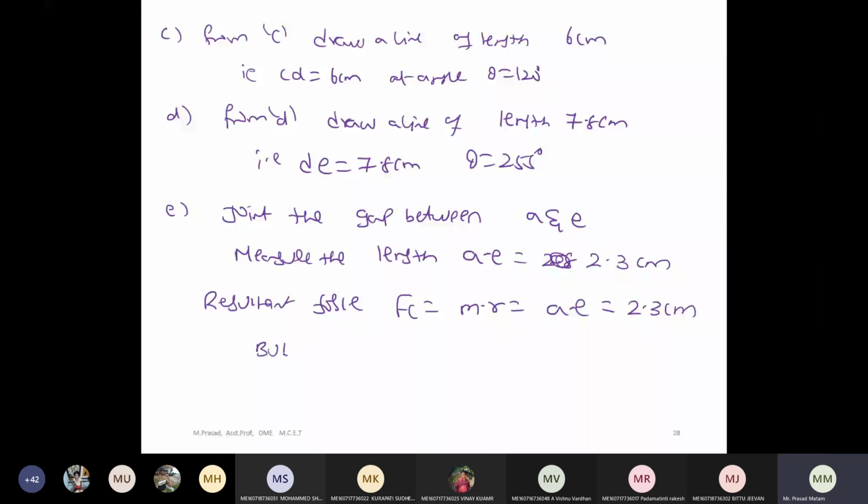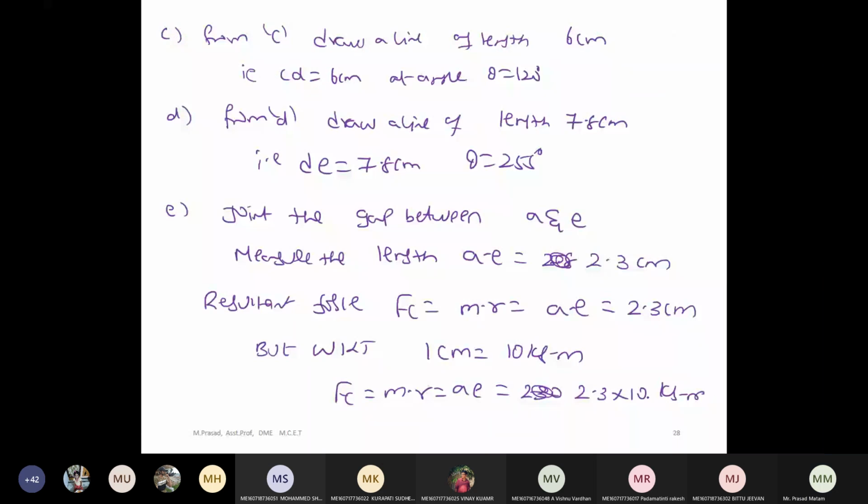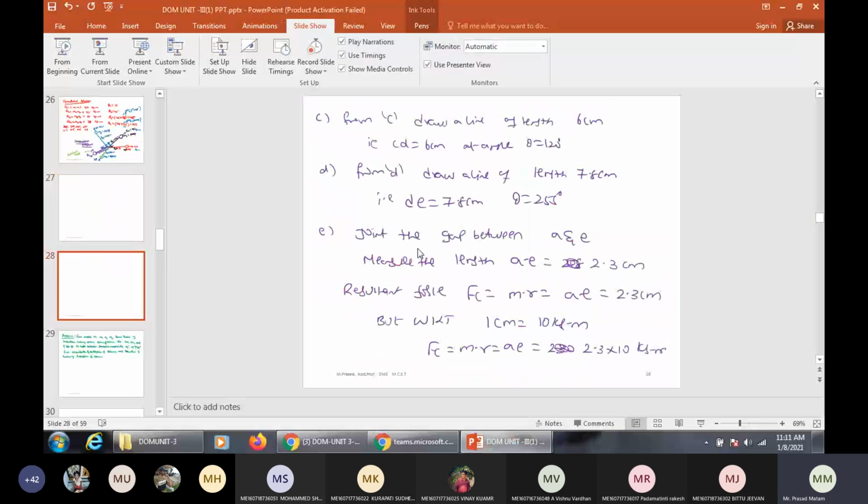Therefore, Fc is equal to m into r, AE equals 2.3 into 10. I am converting centimeters to kg meters. How much answer am I getting here? Yes, students, can anyone answer this?